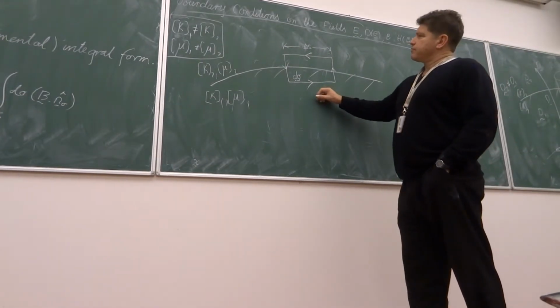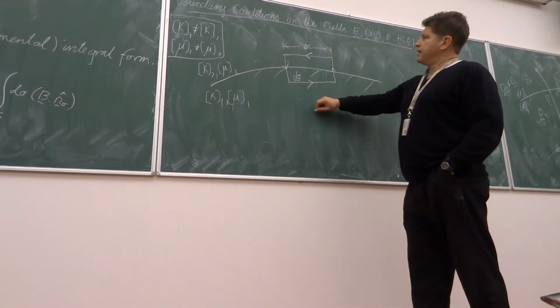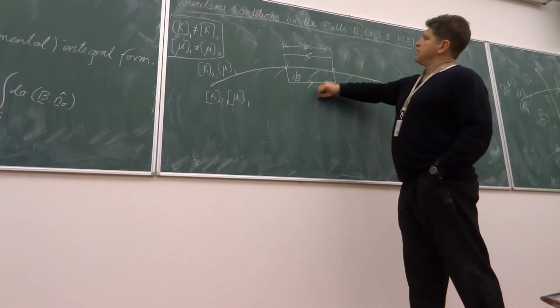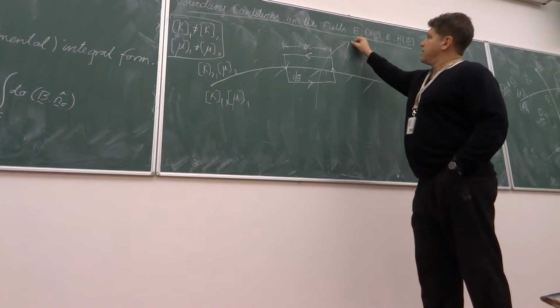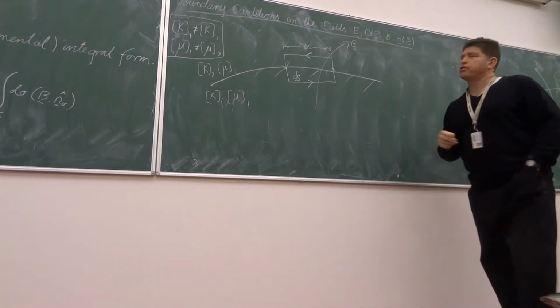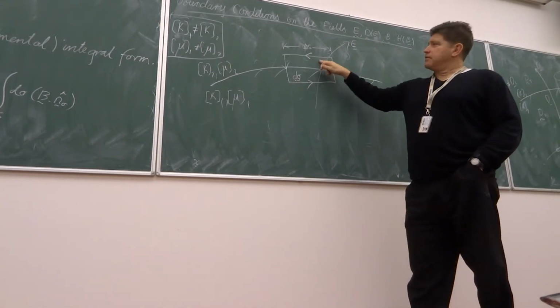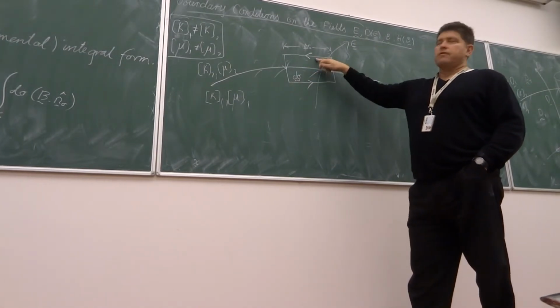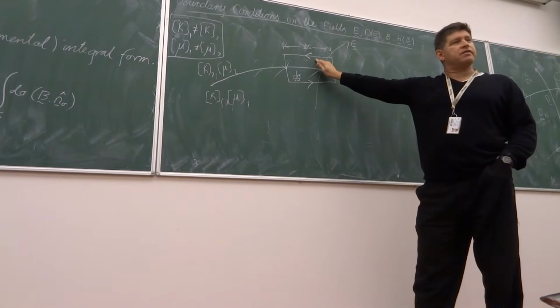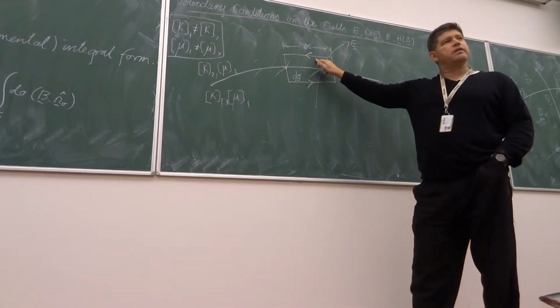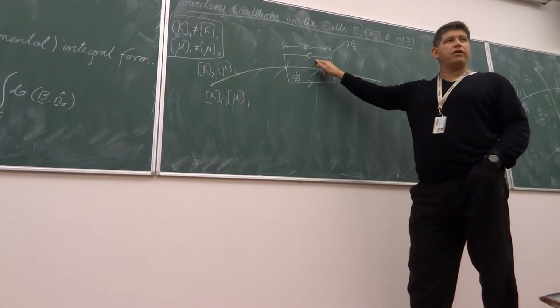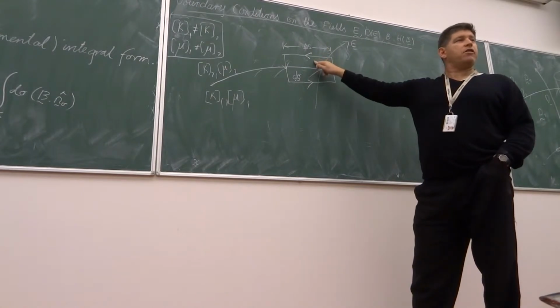And we've got the electric field doing whatever. But as the electric field interacts with this circuit, it generates a current, and the current loop generates a magnetic field that opposes the action of that electric field.